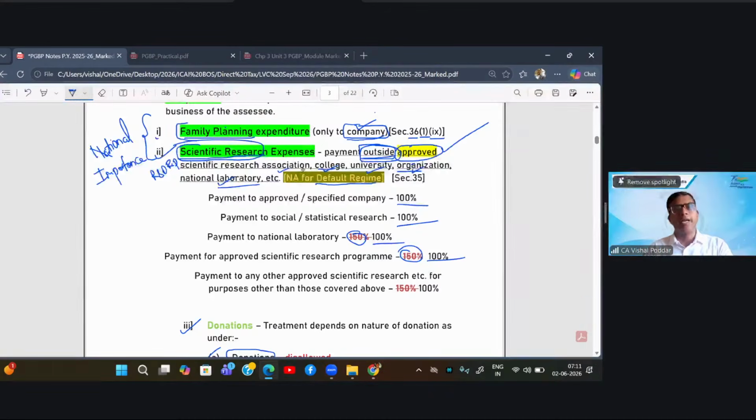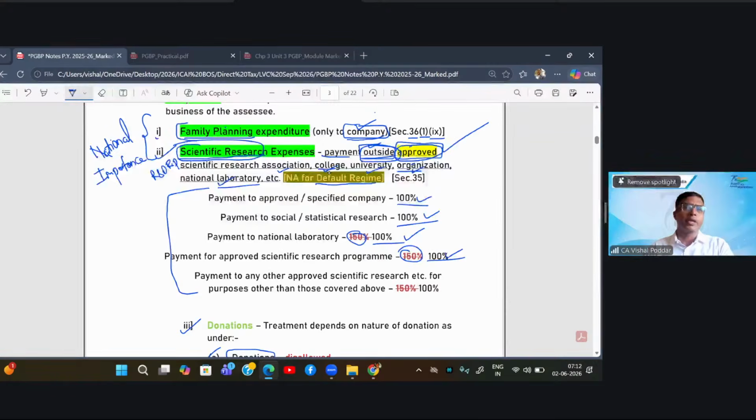However, again, since these R&Ds are for national interest, hence, if you make payment to these outside associations, organizations, and they are approved, this is important, they are already approved by the government for carrying out the research, then whatever payment you make to any of these, for all of them, the deduction is now 100%, that is equal to the amount of payment.